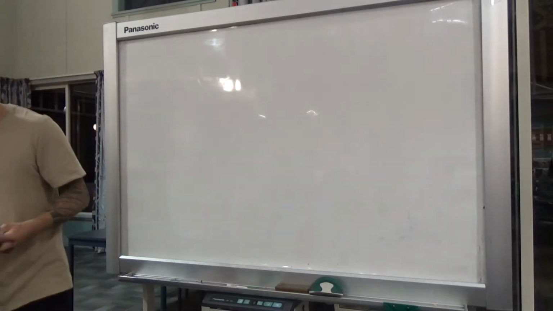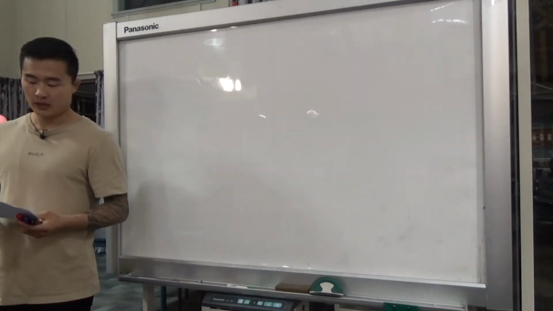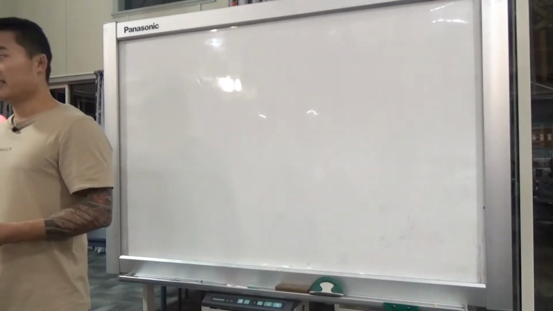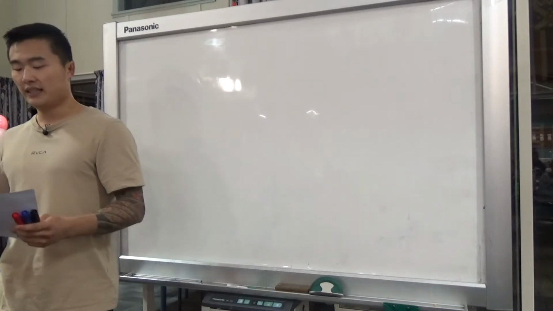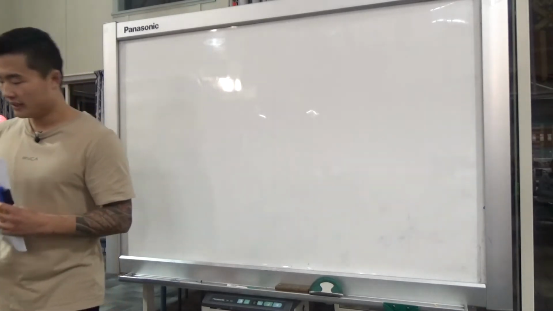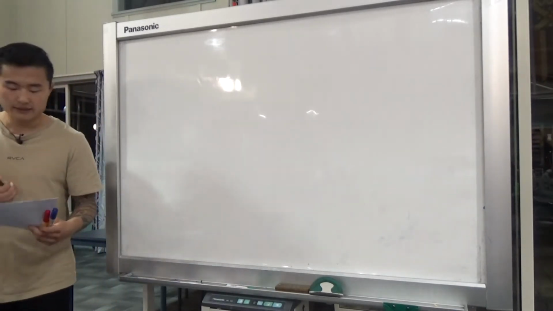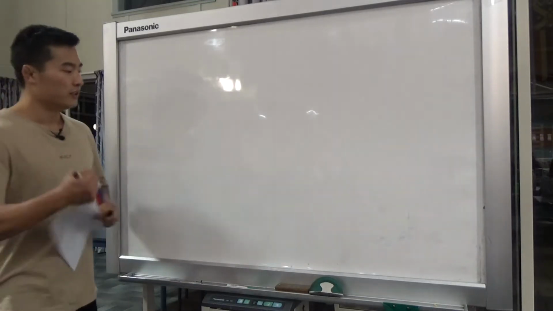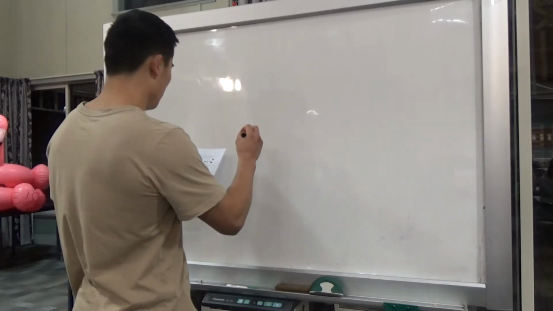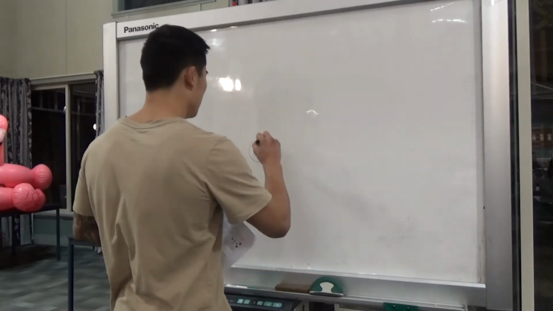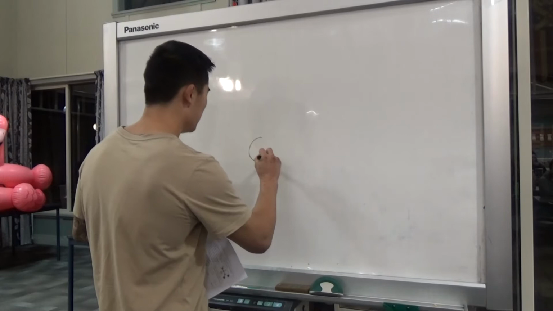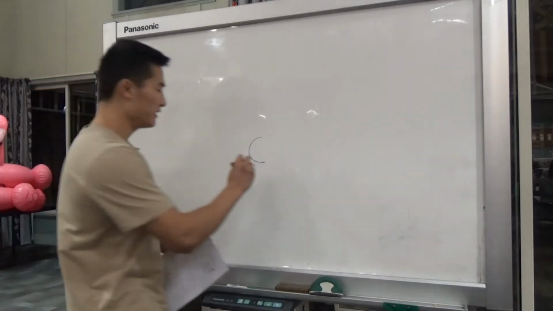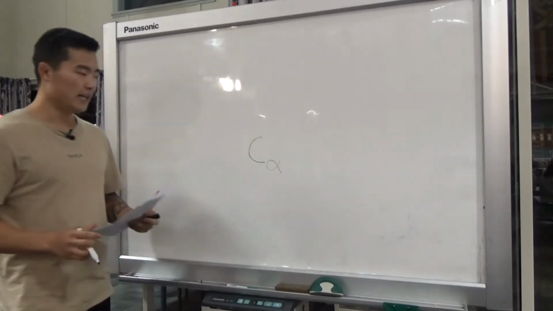First of all, we'll draw the structure of a generic amino acid. You probably know this from Chem 191, but you have a central carbon. This carbon in the middle is your alpha carbon.